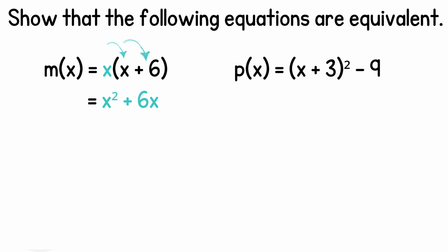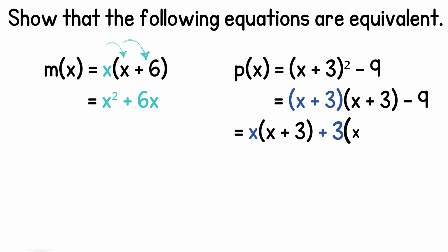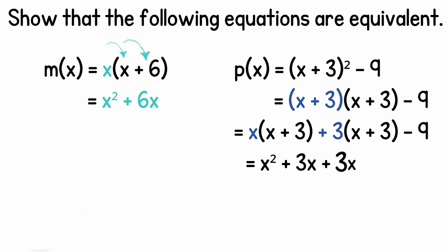So (x + 3)^2 is the same as multiplying (x + 3) by itself. So we'll distribute the first (x + 3) to the second parenthesis. This gives us x times x plus 3 times x plus 3 times x plus 9, minus that 9. So we'll get x^2 + 3x + 3x + 9 - 9.